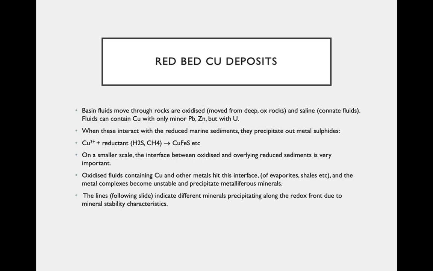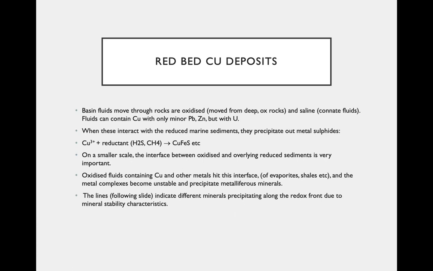And so when these interact with reduced marine sediments, they precipitate out as metal sulfides. Copper 2 plus with a reductant becomes chalcopyrite. So on a smaller scale, the interface between oxidizing and reducing is very important. So you can see how these dynamics control where this will precipitate out these metalliferous minerals.